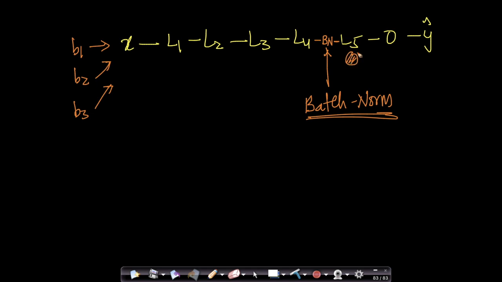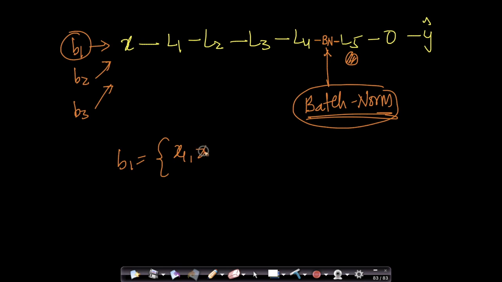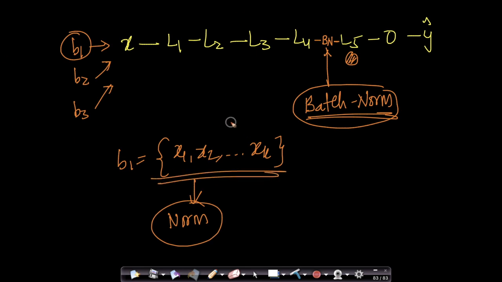Take the batch of points. Let's say x1, x2, so on, xk. I do simple data normalization on just this batch, not the whole data set, just this batch. For every batch, I normalize it.